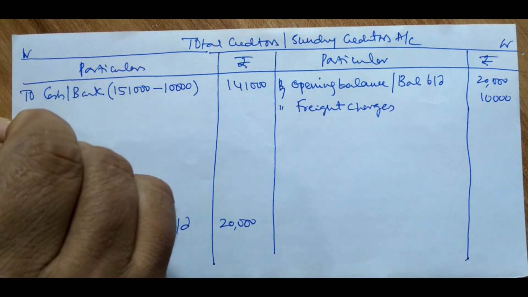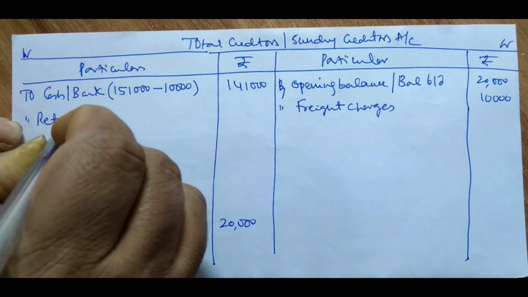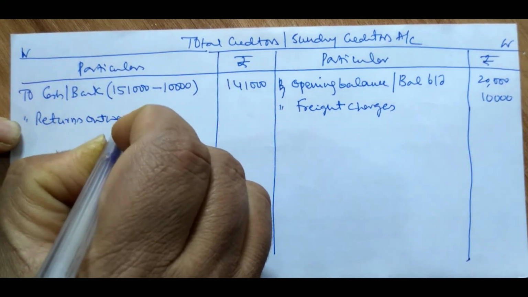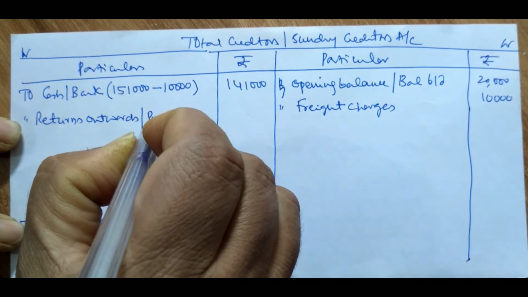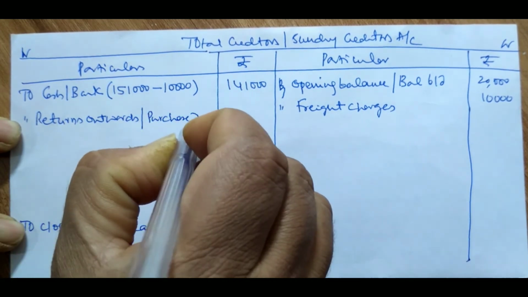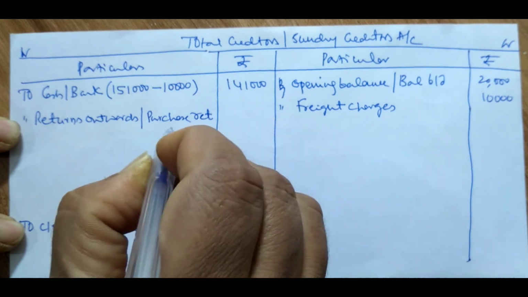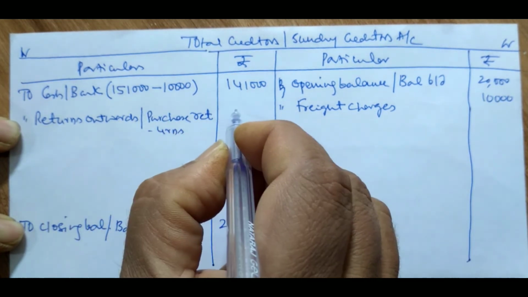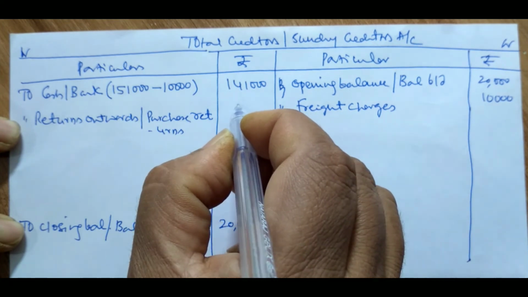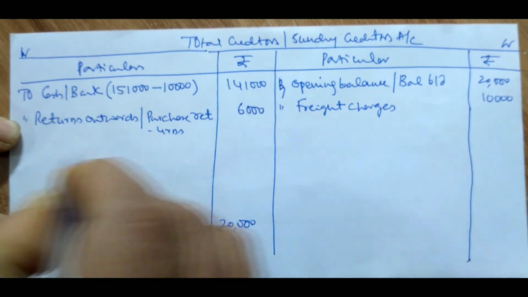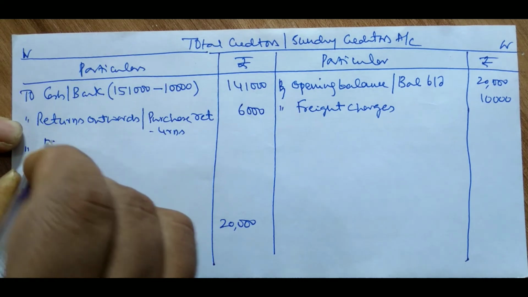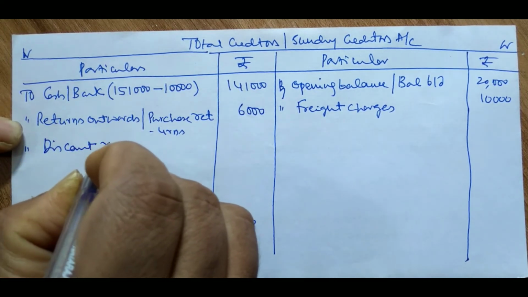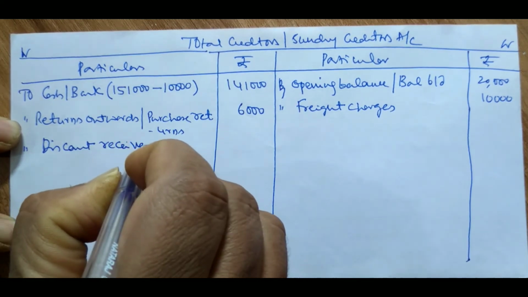And returns outwards, it means purchase returns outwards, or we can write purchase returns. Such purchase returns must be debited to this account. It is rupees 6,000. And discount received is an income to us, but it is an expense to creditors.